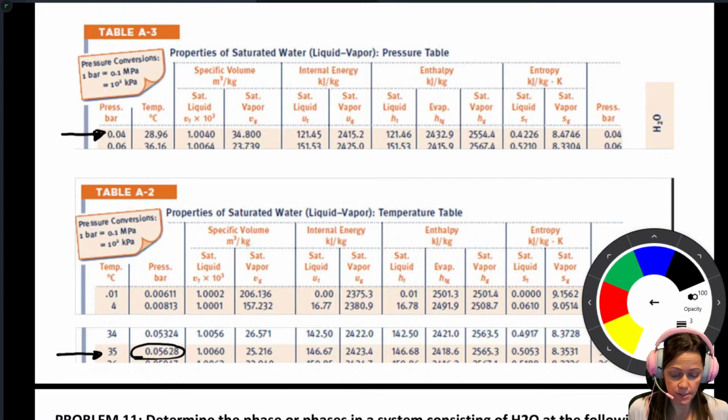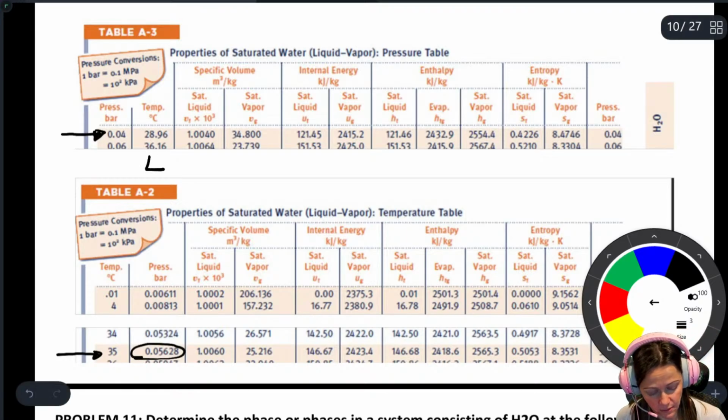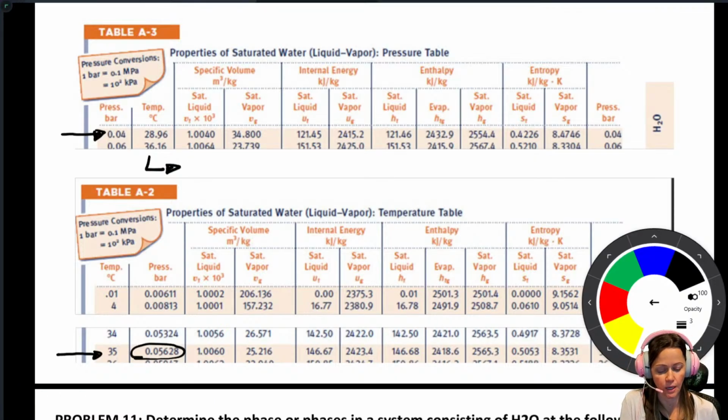The question is, well, what is it, right? Well, we've already answered the question of the problem, but for education's sake, what is the phase? So it looks like, just based on table A3, the temperature of our water is 35 degrees Celsius.